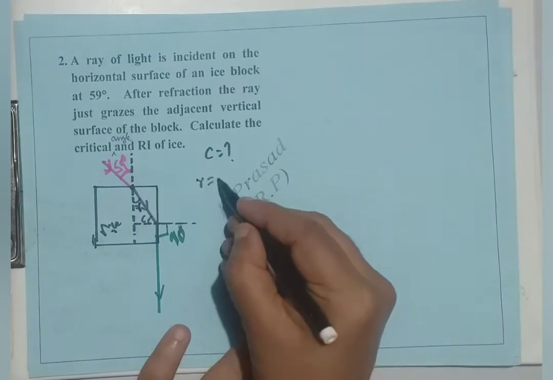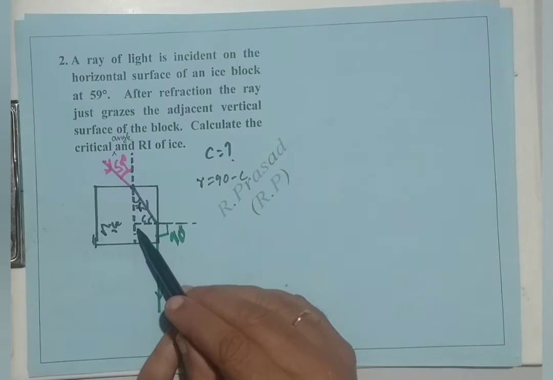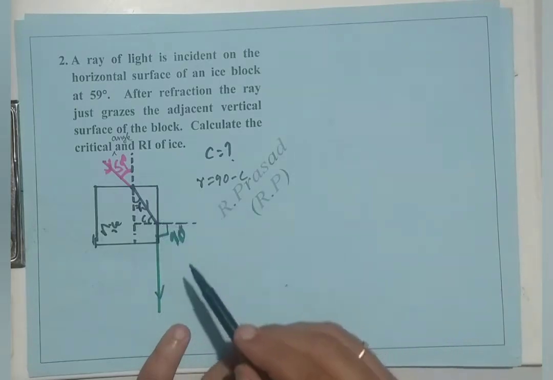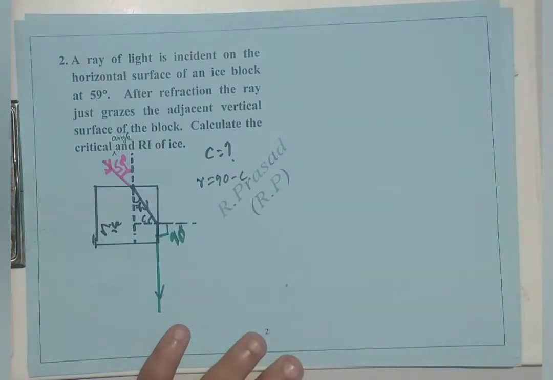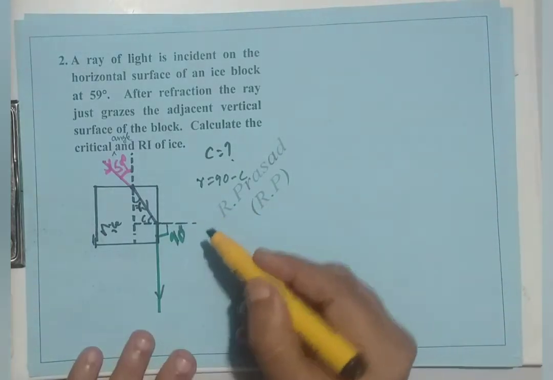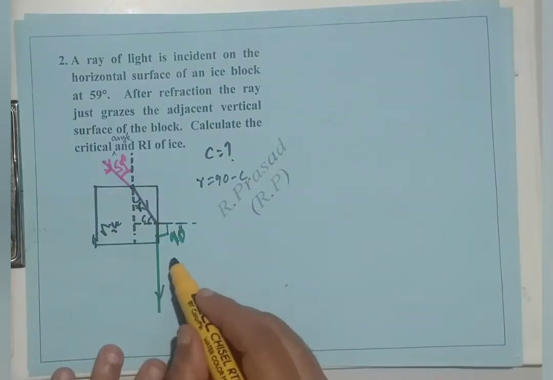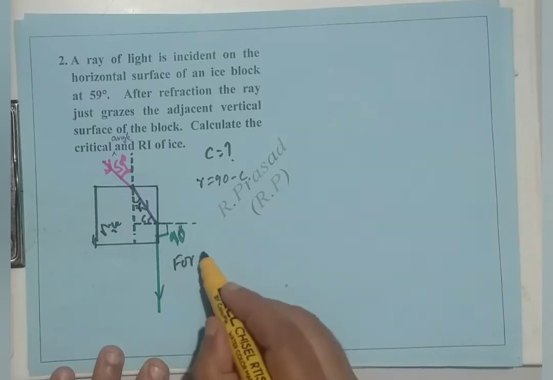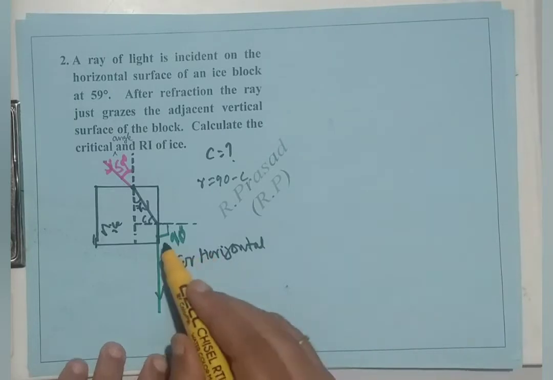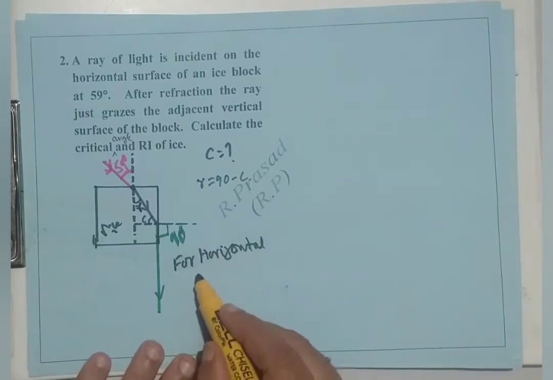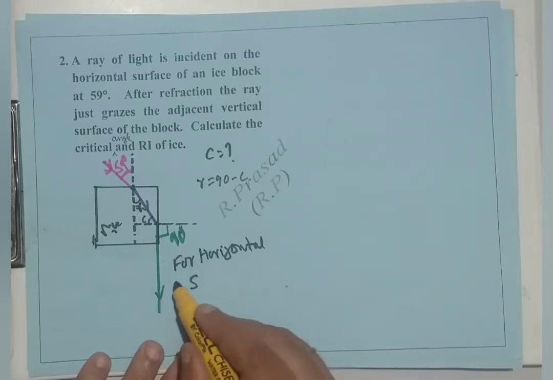If this is angle R and this is the critical angle, from the figure, R can be written as 90 minus C because R and C are the angles of a right angle triangle. Therefore, for the horizontal surface, Snell's law: N1 is air, the surrounding medium.